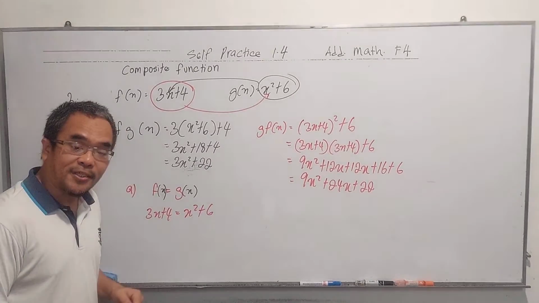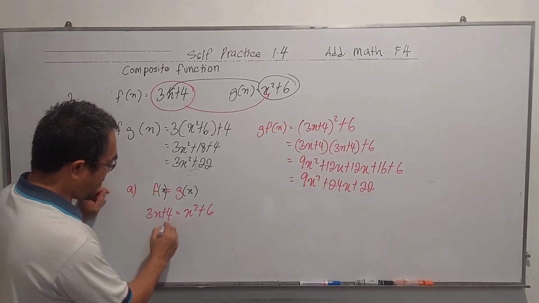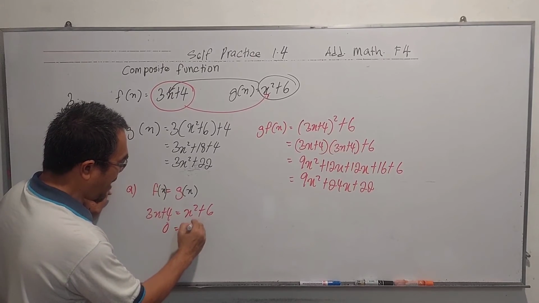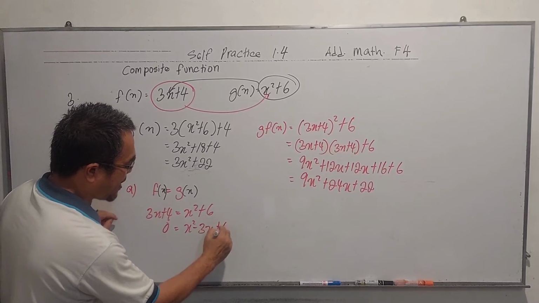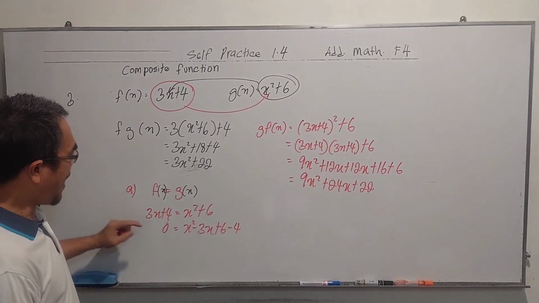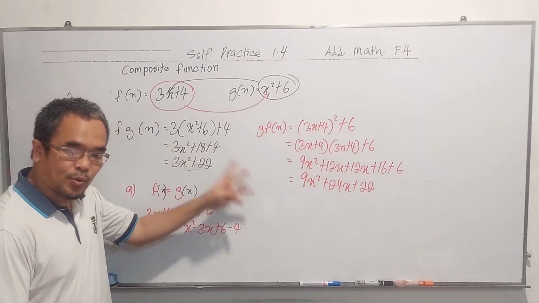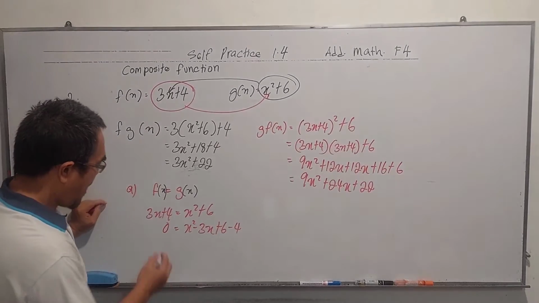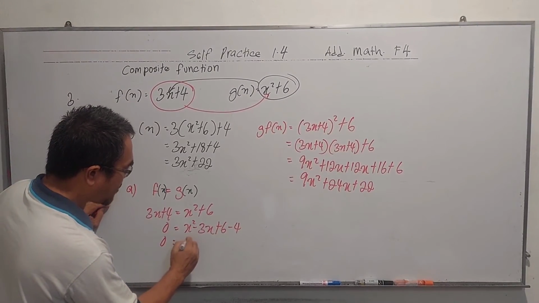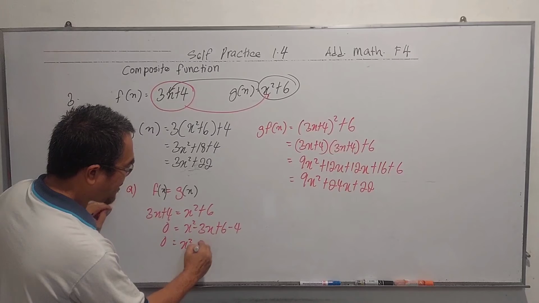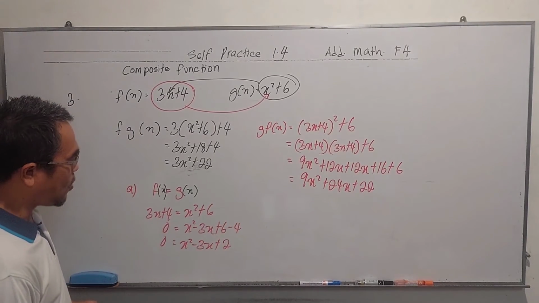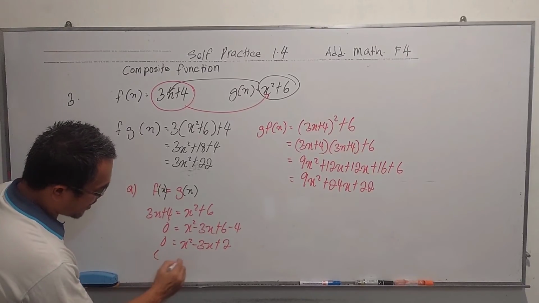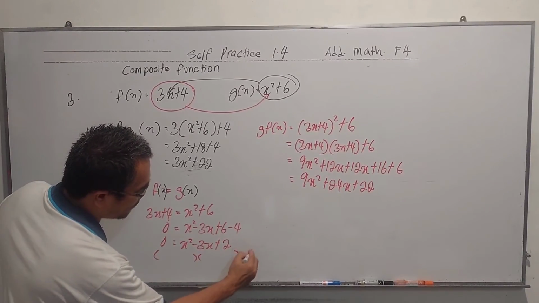So this is a quadratic equation. So make it into general form, x squared minus 3x plus 6 minus 4. Okay, I bring everything on the left side to the right side, and simplify here. So x squared minus 3x plus 2 equals 0, and we could use the calculator to find the value of x.